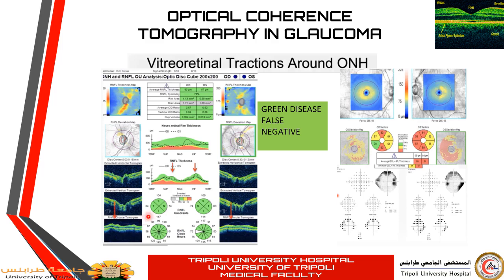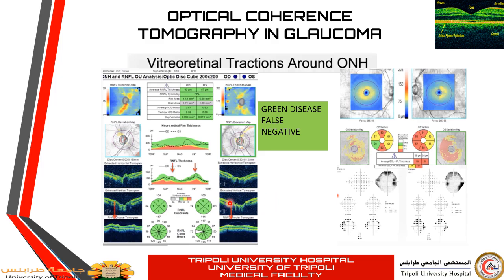When you look at the thickness of the TSNIT map, you will find the right and the left eye, as you can see here in the red arrows, fall in the green zone area. Also, the quadrant map and the clock hours graphs all fall within the green area.